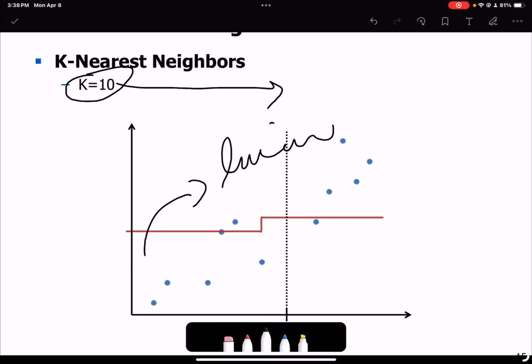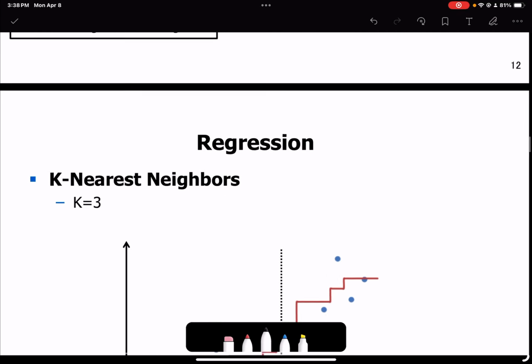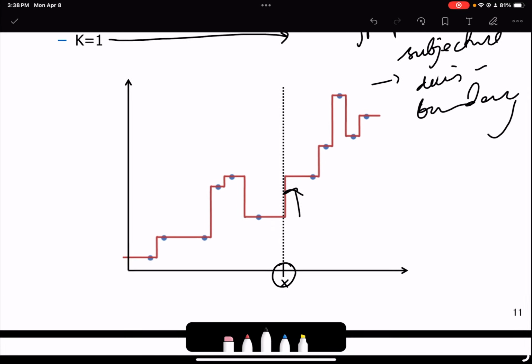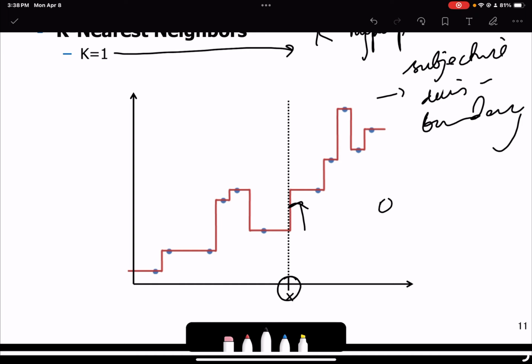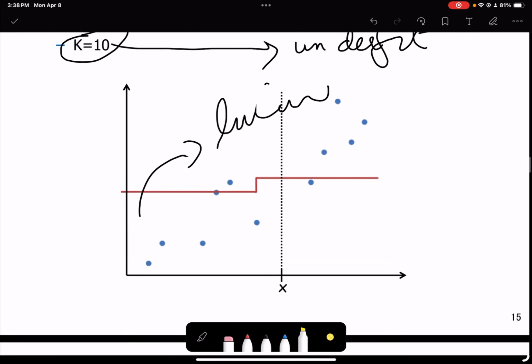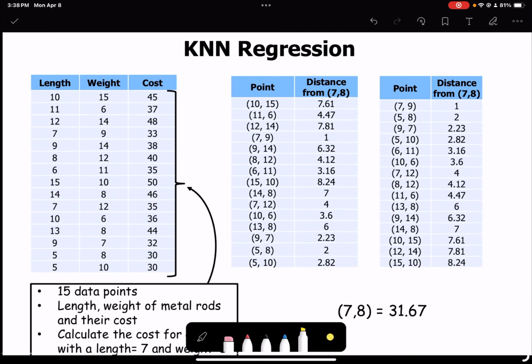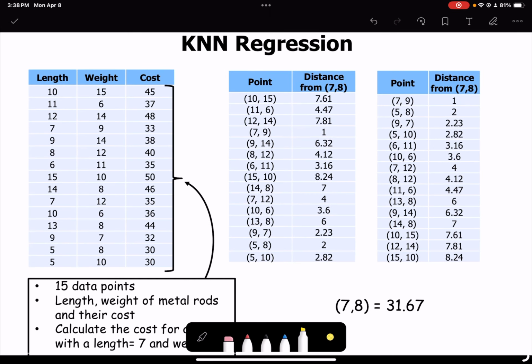As I told you, if we increase the value of k to very large, it would underfit and the results will not be that accurate. And if we consider k to be a very small value, in this case 1, again it is going to overfit, and the value that we estimate for x here may not be that accurate a prediction. So choosing the k value is important. We are going to continue with this example of KNN regression.